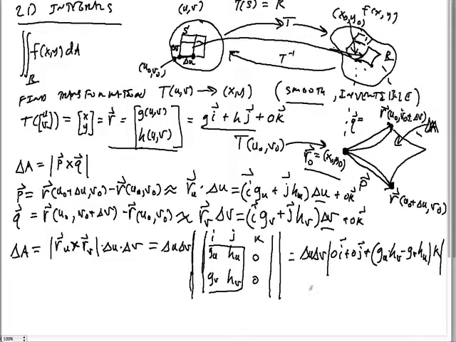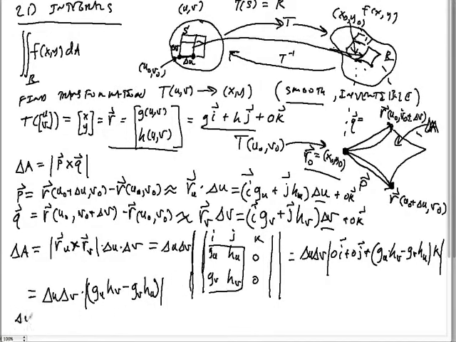Taking the vector magnitude, that's delta u delta v times the absolute value of g_u h_v minus g_v h_u.